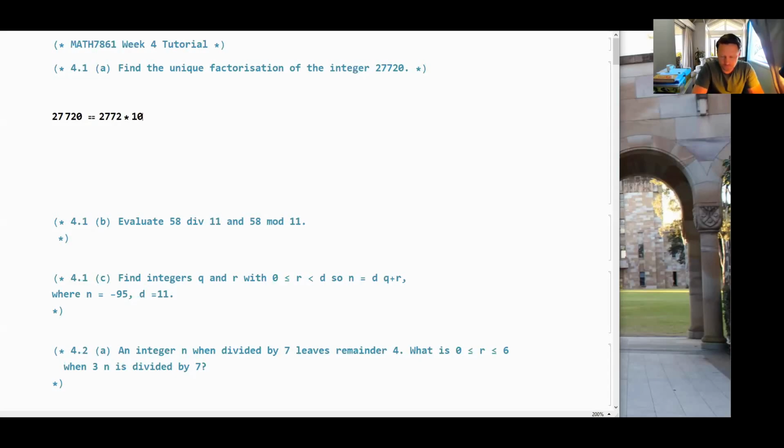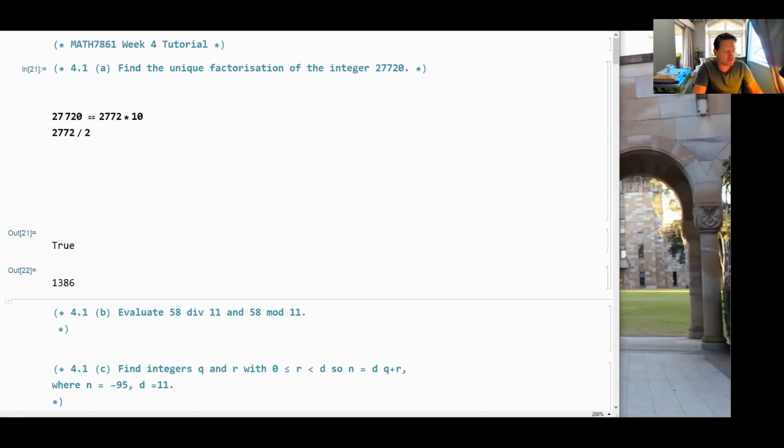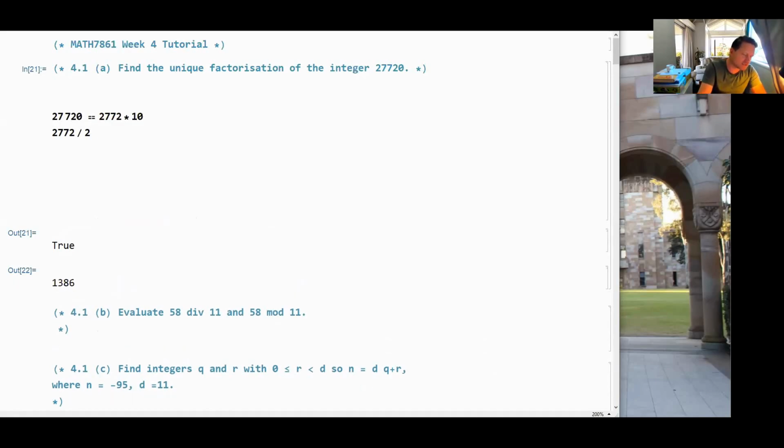Okay, so we got part of this done, but I can also see that 2,772 is even. So let's calculate half of that. 2772 divided by 2 is 1386.